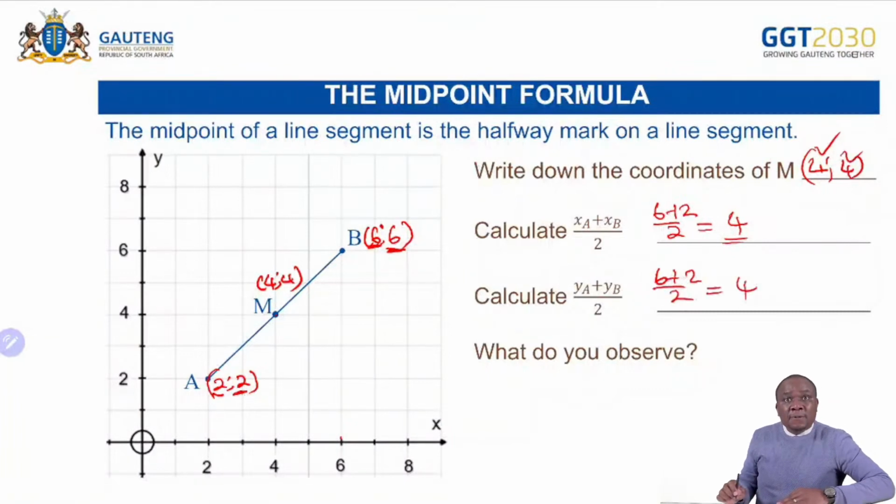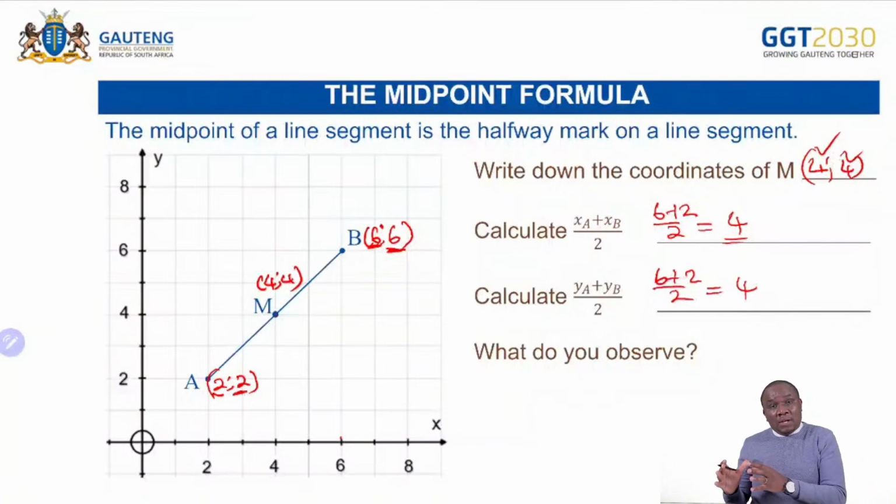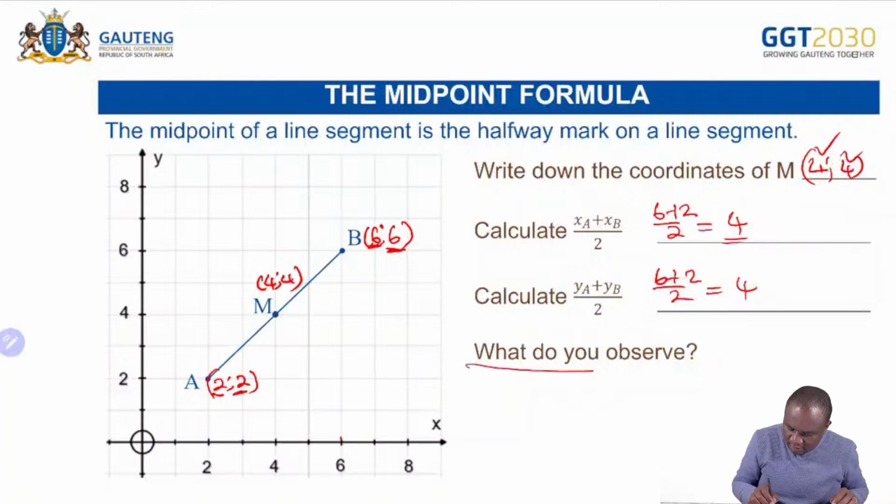Again, it's giving us the y coordinate of the midpoint. So now, how do we find the coordinates of the midpoint? Find the average of the x coordinates, add them, divide by 2. And then find the average of the y coordinates, just add them and divide by 2. Okay? Right. So we're just discussing here.